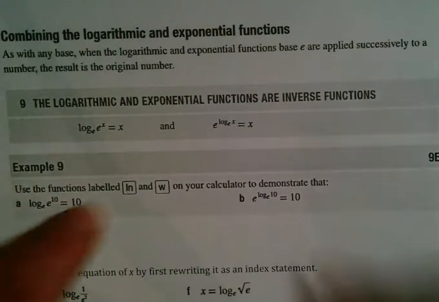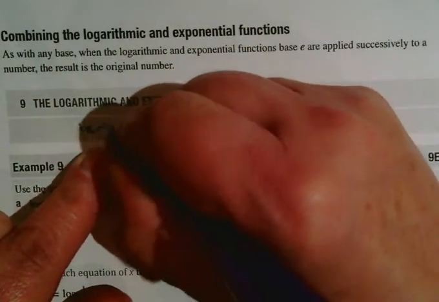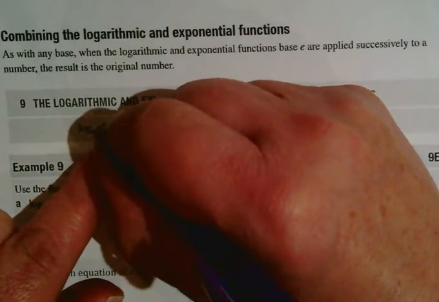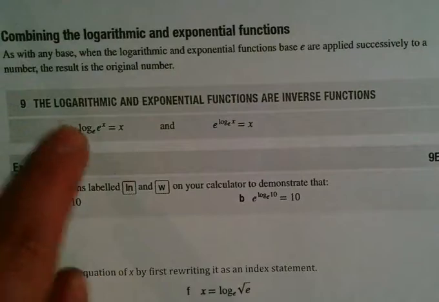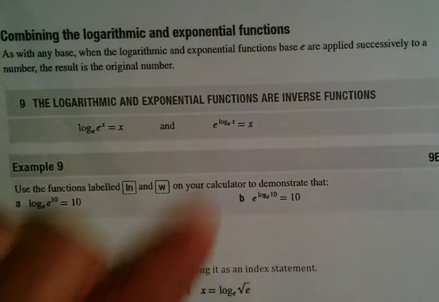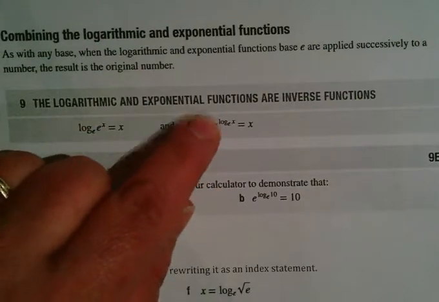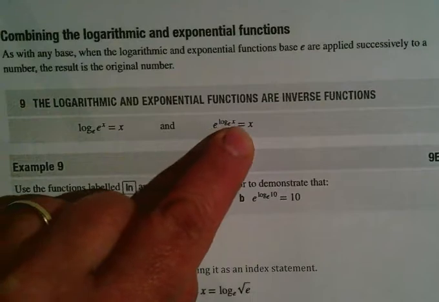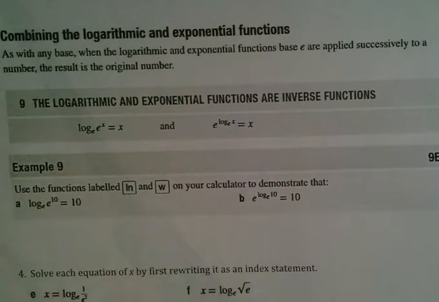So we know from before this x would come to the front, so that's x times log to the base e of e, which is x times 1, which is x. So when you see log to the base e of e to the power of x, you get x. And we also saw this when we were looking at log to the base a of x as well. So e to the power of log to the base e of x is also x.